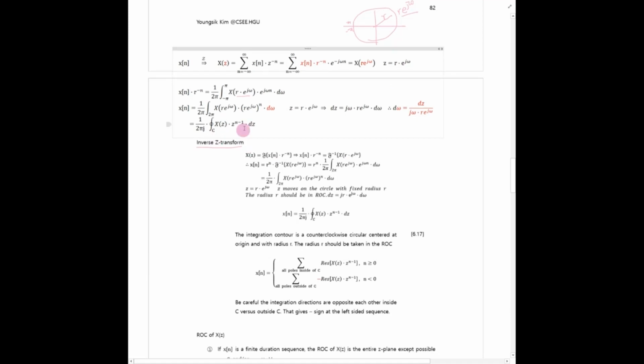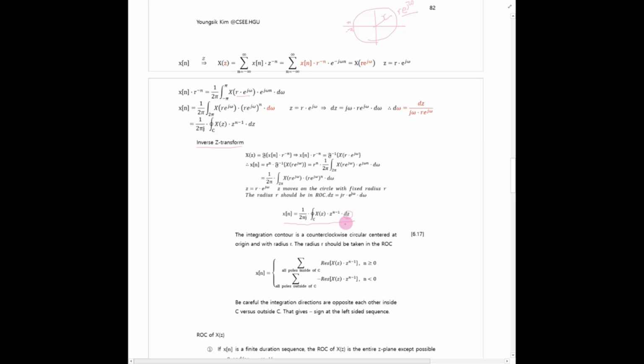So we replace the d omega with this value, then we have the inverse Z transform expression over here. This is the inverse Z transform of the sequence. So we derived how to find the inverse Z transform. But this one is a complex integration.